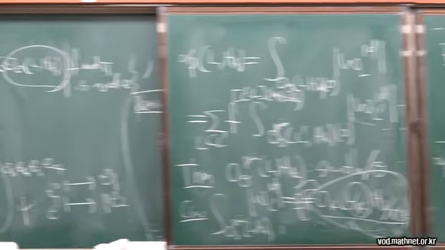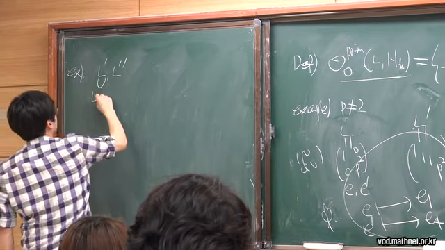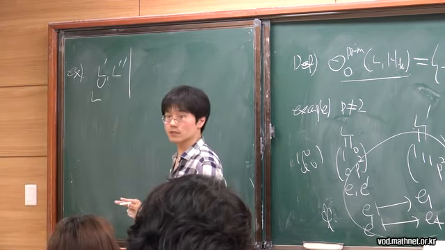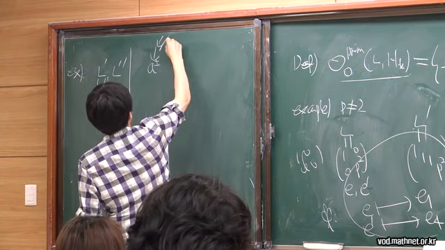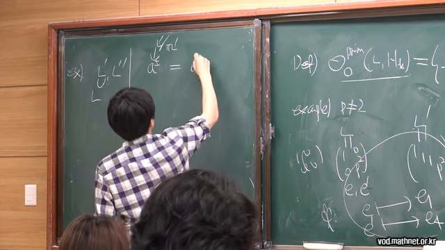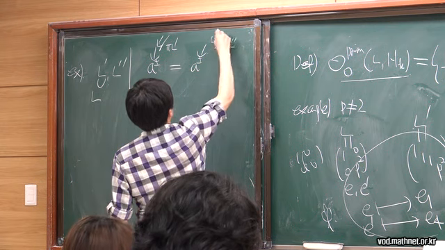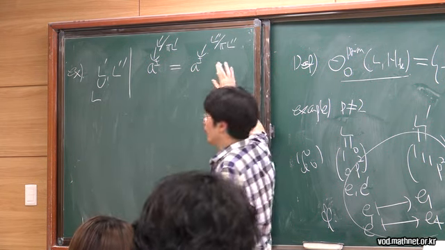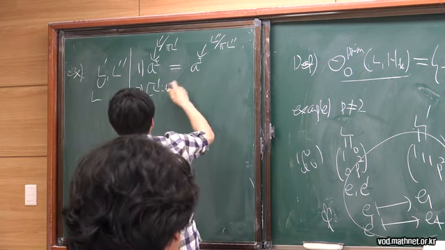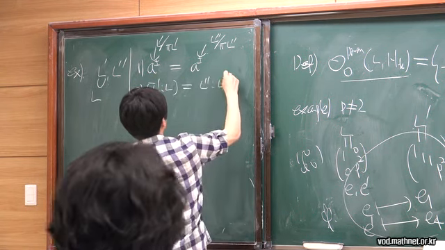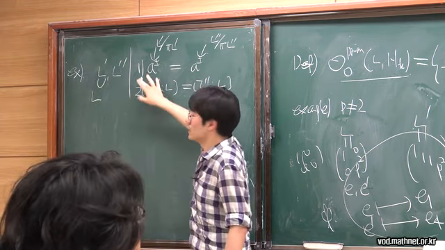But if you look at this summand, we can find something very interesting. So, for example, let me choose two lattices, including L, satisfying two conditions. First, the A plus or minus associated to L' mod pi L' is the same as the A plus or minus associated to L''. So they have the same A. And the second condition is that the degree of L' over L is the same as the degree of L'' over L. Assume that L' and L'' satisfy these two conditions.